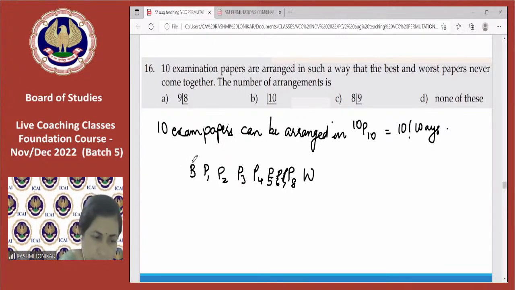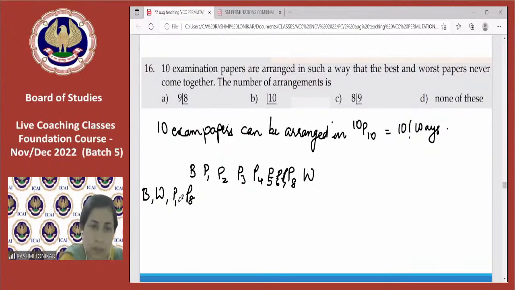One is the best paper and one is the worst paper, so that they never come together. So the papers should not be arranged in such a way that I have B, then W, the best paper and the worst paper together, and then P1 to P8. They don't want this condition.